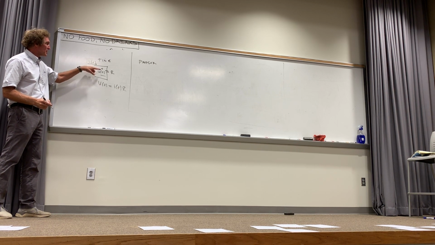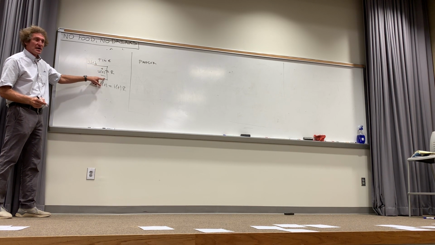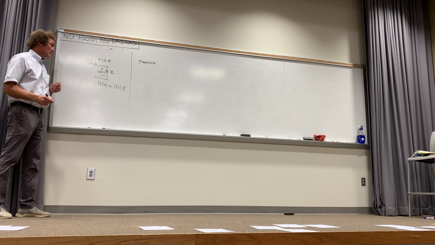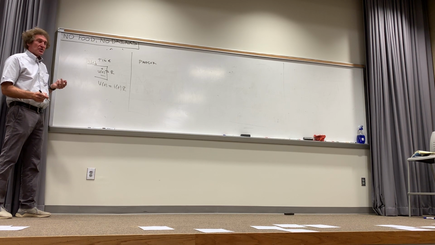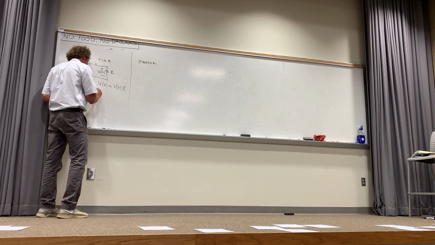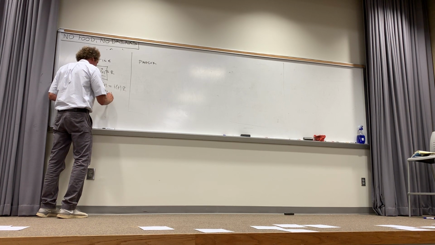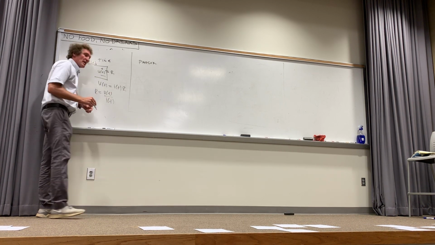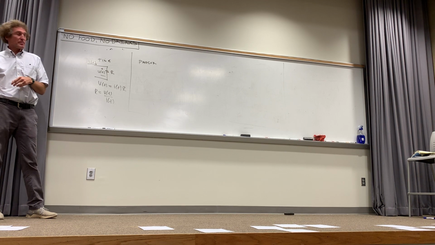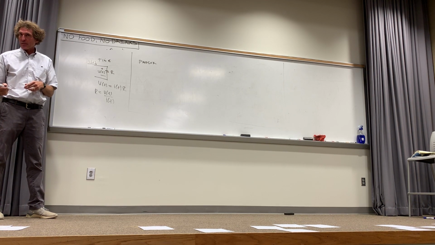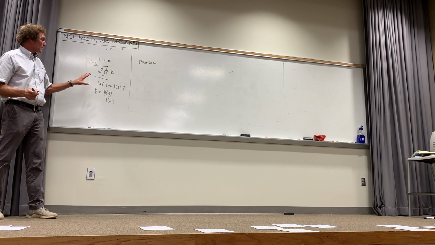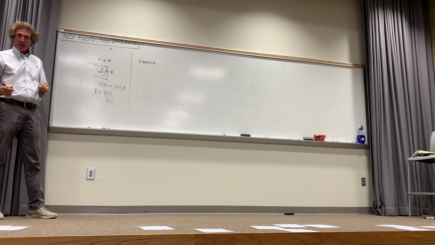Positive current flowing this way creates a plus to minus voltage that's equal to R times I of t. You can also say that R is equal to V of t divided by I of t. Voltage over current is resistance, right? That is for a resistor in the time domain.